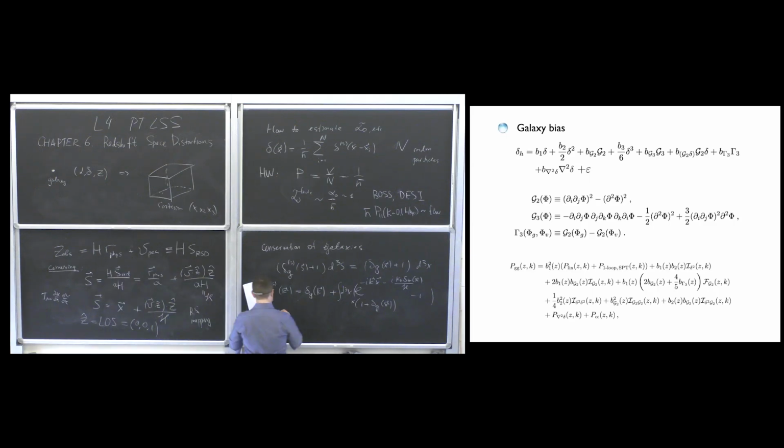Now, to simplify notations, let's introduce a rescaled velocity field that I'm going to call U, which is the usual V divided by f and curly H. So we know that in linear theory, this will be just minus gradient delta 1 over Laplacian.